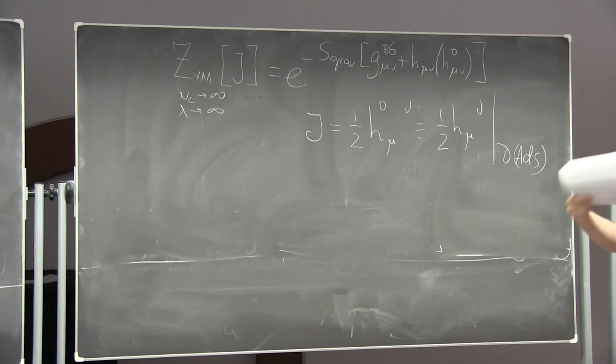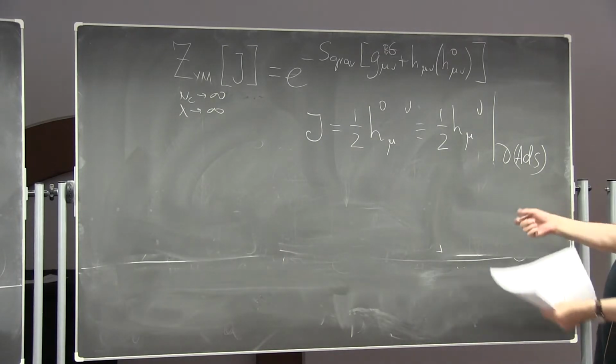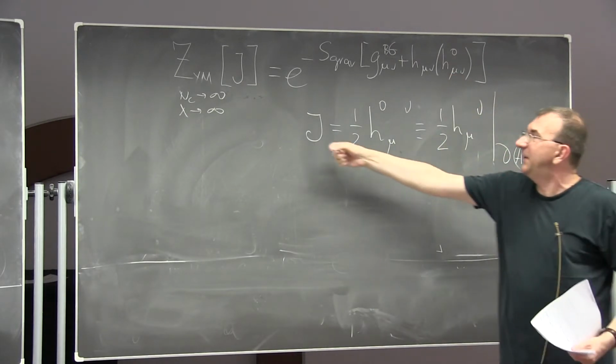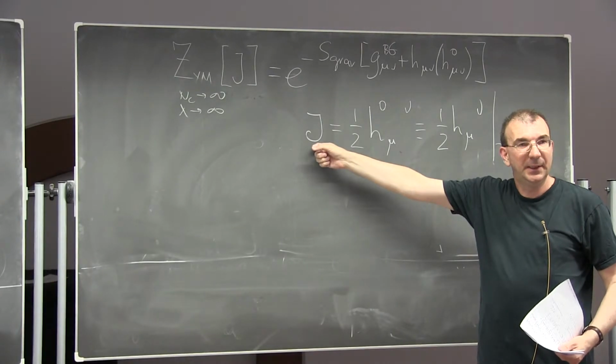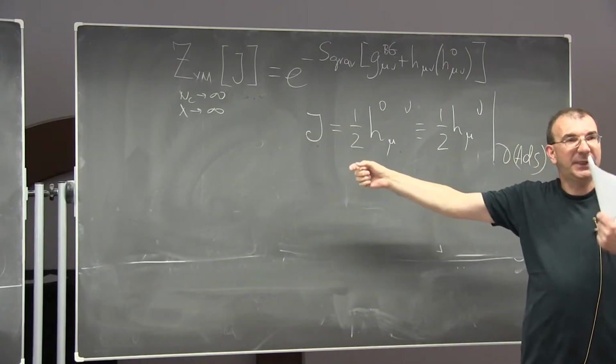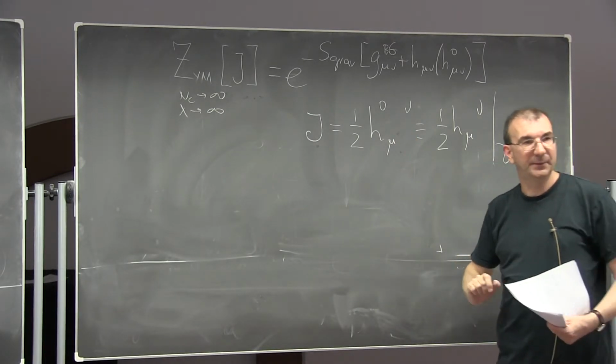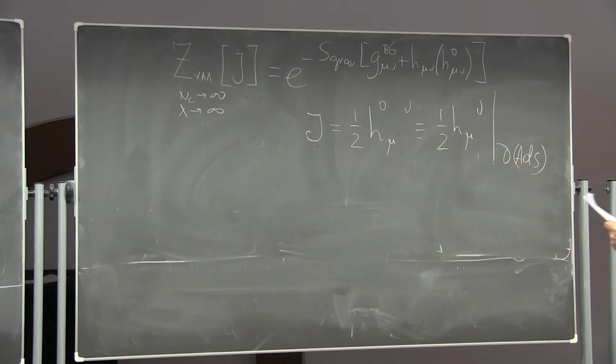On shell, the action becomes a boundary term only. And this boundary term will depend on H mu nu naught, the boundary value of your H mu nu, which is your J, according to this formula. So all you have to do then is take functional derivatives with respect to this object, and this is your correlator. Okay? So let's see how it works in practice.